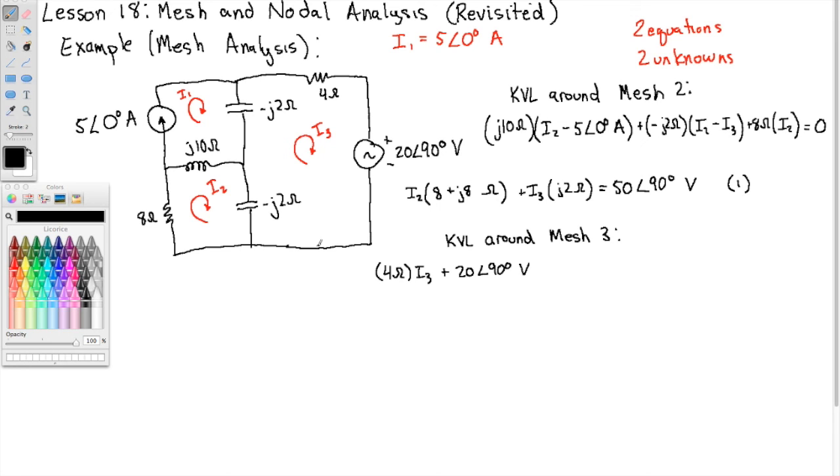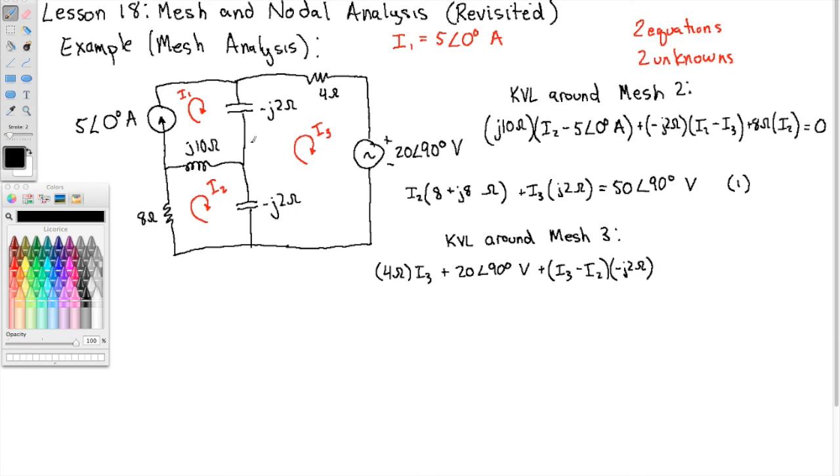Now we're down here, and we have to come up this way. So the next thing we've got is this minus j2 ohms. We'll add to it, the currents going through it are I3. We're going in the direction of I3. I2 opposes us, times its impedance minus j2 ohms.